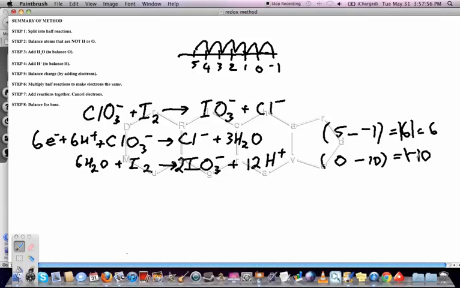So if it comes out negative, just make it positive. And then decide what side you're going to add the electrons to, and it's always the side that has the higher charge. Now since this was 0 and this was 10, we'll add the 10 electrons to this side.